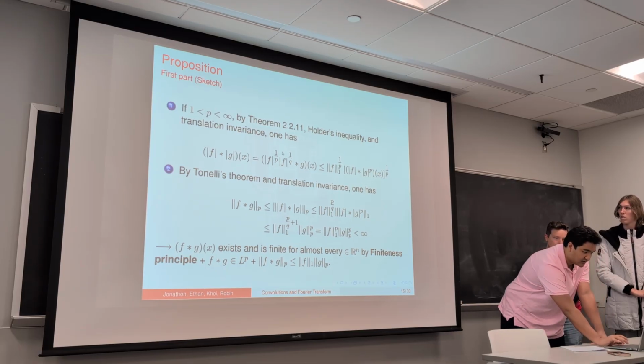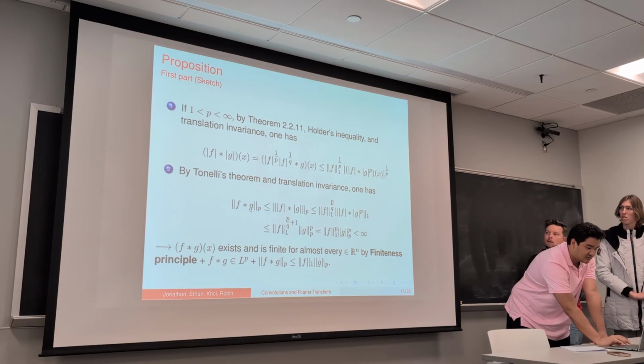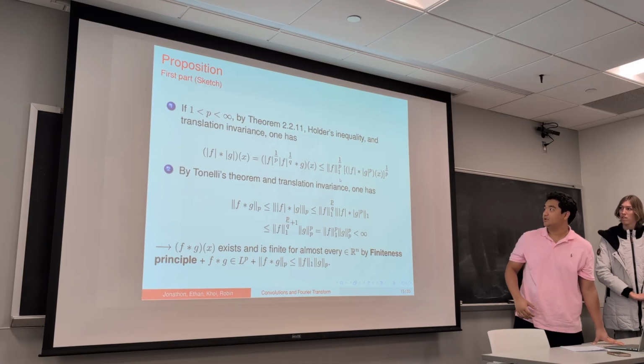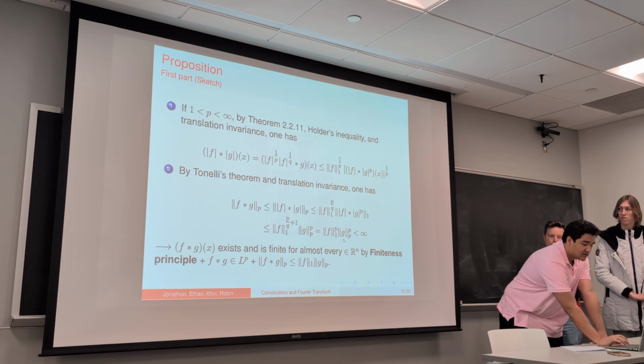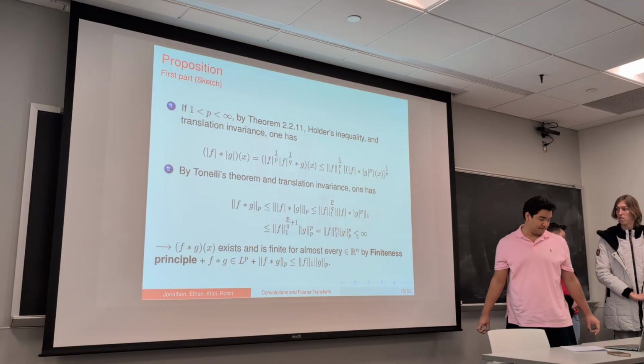With this inequality, we can plug it in to see that the p norm of f star g is this, and then you plug this in here. Then this becomes the L1 norm to the p times the L^p norm to the p, which is less than infinity.